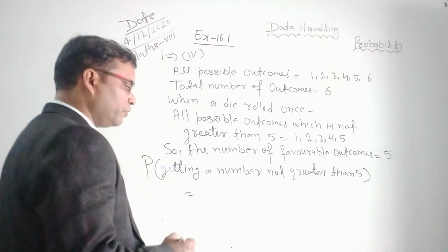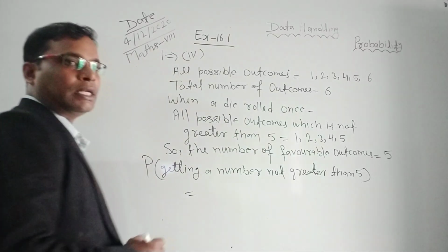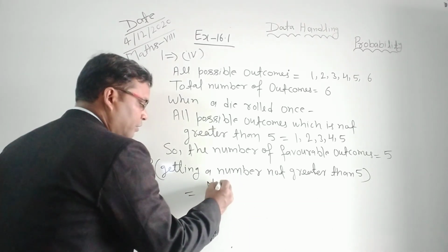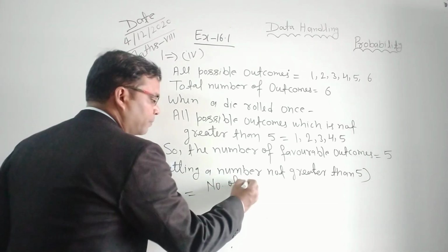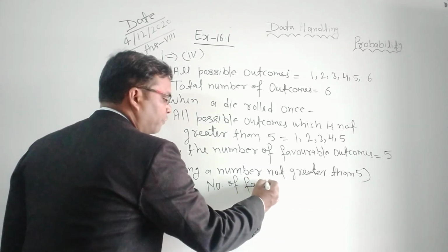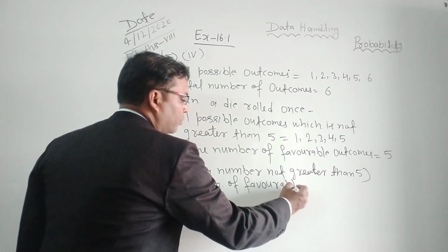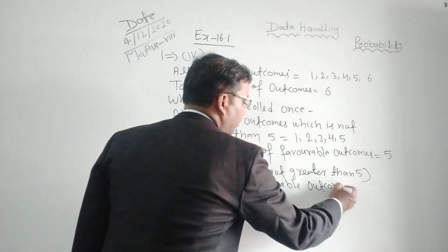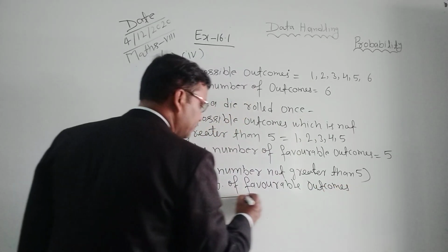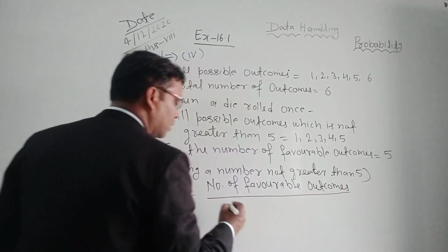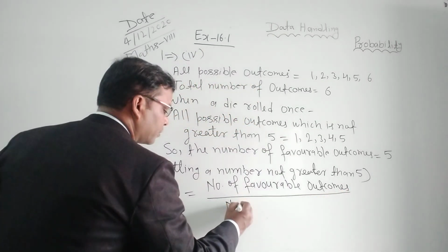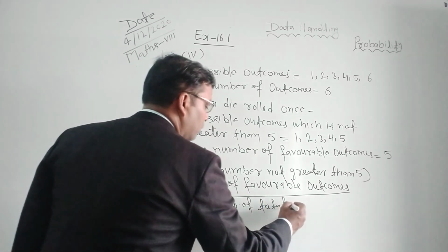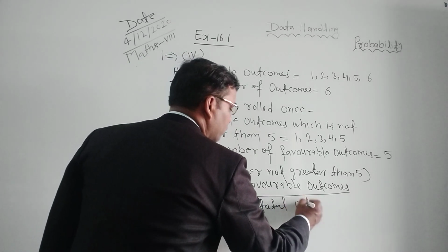We know the formula: number of favorable outcomes by number of total outcomes.